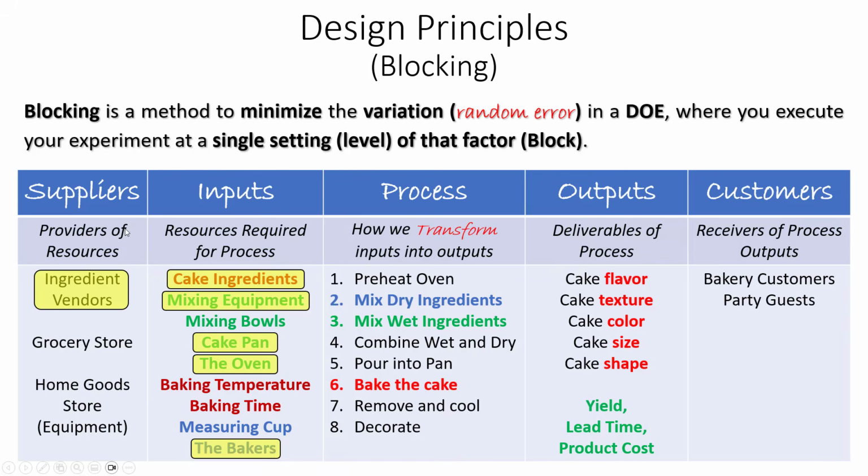There are a ton of other factors that could affect flavor, but right now we don't care about those factors. Based on our experimental objective, we agreed that the three factors we want to study are temperature, time, and sugar, and we don't care about all of these other factors right now. And so what we're going to do is block them out.